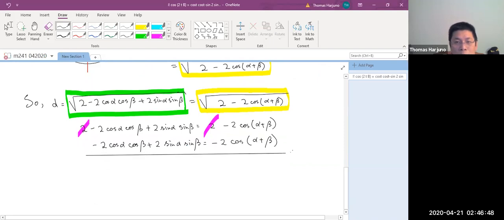If I divide by -2, then the first term becomes cosine alpha cosine beta. +2 divided by -2 becomes -1 sine alpha sine beta equals cosine alpha plus beta, which is basically what we need to prove.